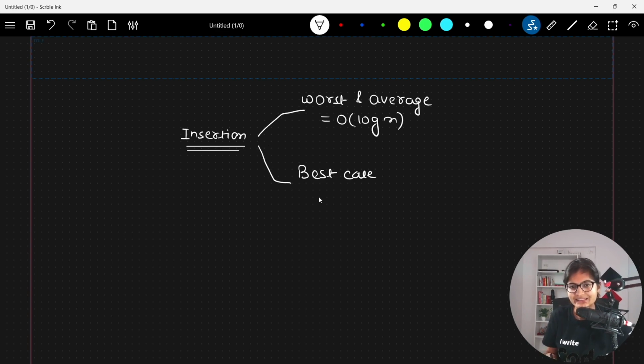Can I say that whenever we are talking about a best case scenario, it will be equal to big O of 1? How? Big O of 1 means constant time complexity. Why?